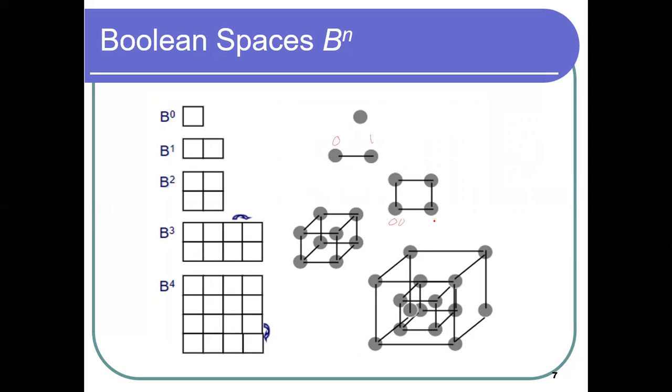So this will be my 0, and this is 1, and this is 0, 0, this is 0, 1, and this is my 1, 1. If I look at three dimensions, this is again Z2 3. So it has Z2 2, and this is Z2.